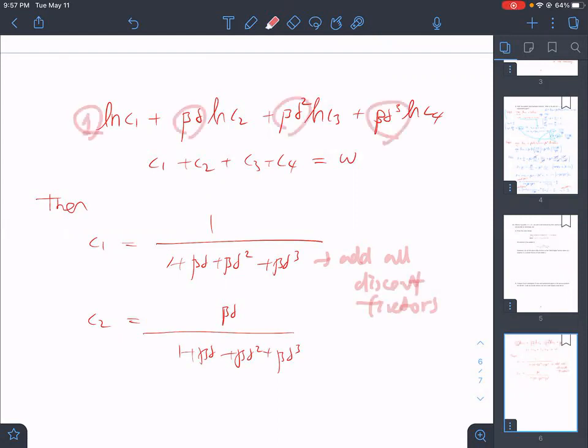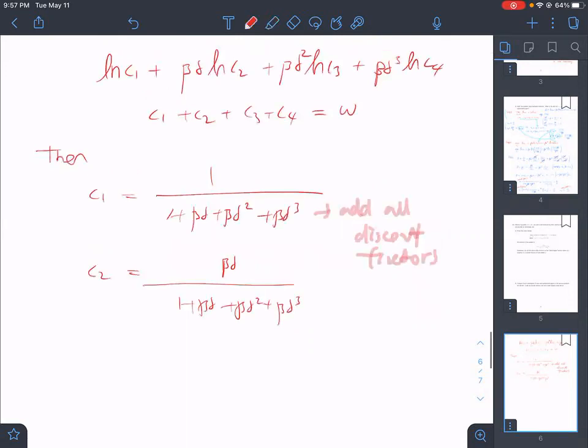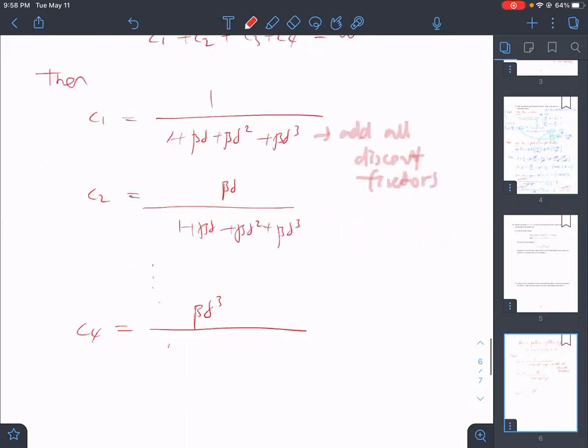Put that into the denominator. On the numerator, you will have the coefficient for each consumption. So even without solving this using a Lagrangian, we already know what the answer is. In the same way, C4 will be beta delta cubed, this guy as a coefficient, over (1 plus beta delta plus beta delta squared plus beta delta cubed).